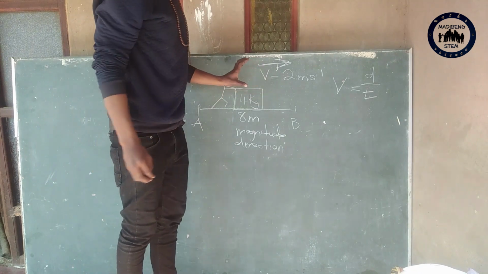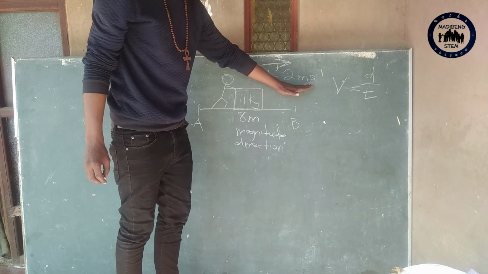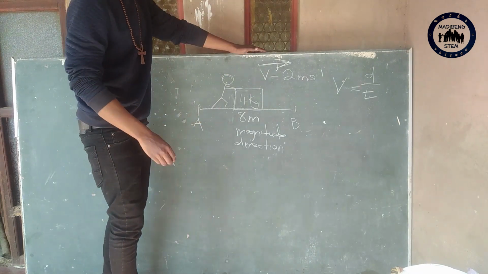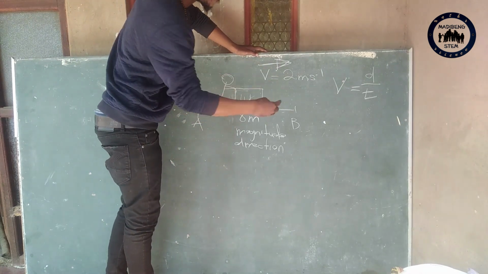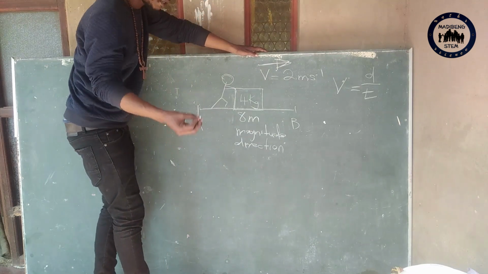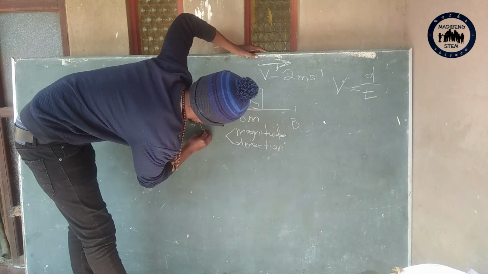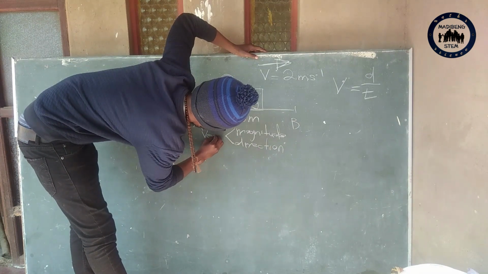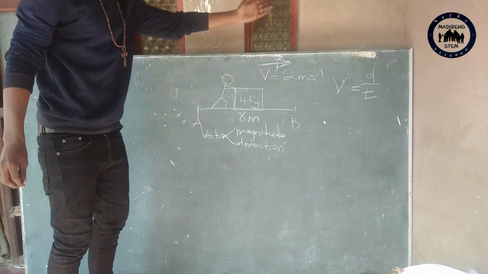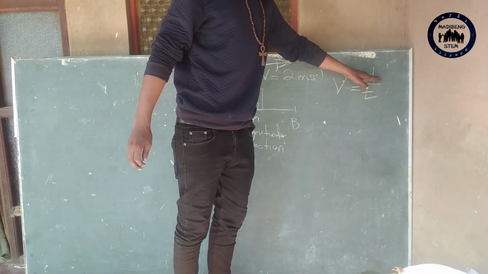Velocity, I'm saying he's pushing this box at this velocity towards the eastern side, so it also has direction. So this is also a vector. Displacement is a vector. It has magnitude and direction. And velocity is also a vector. That's why I'm saying this is displacement, guys.